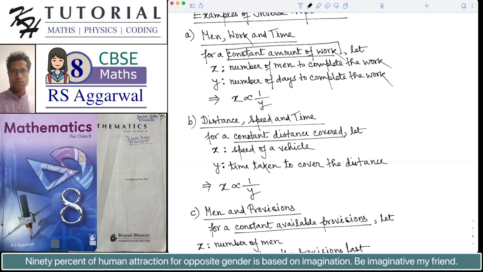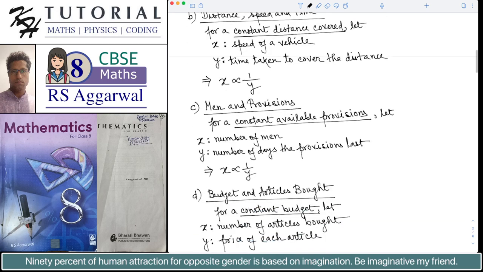That is, they will be in inverse proportion, which means that, definitely you can understand, if the distance to be covered is kept constant, the more the speed of the vehicle is, the lesser the time it will take to cover the distance. And obviously, if the speed is less, then the time taken will be more.